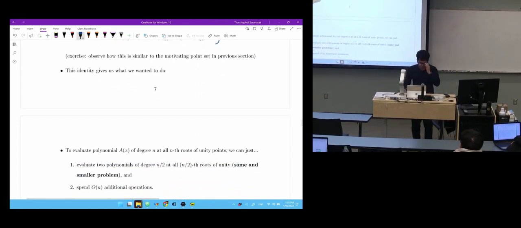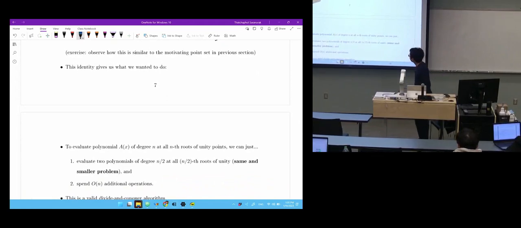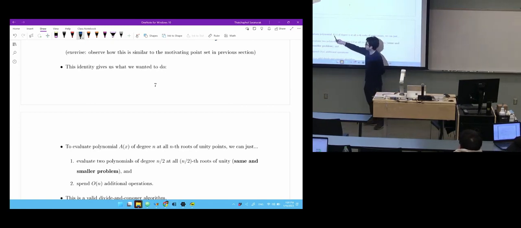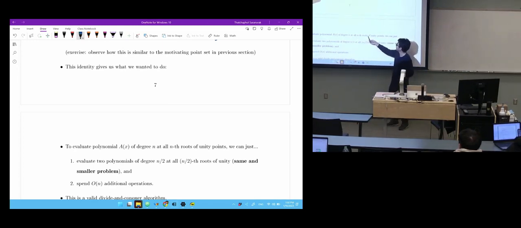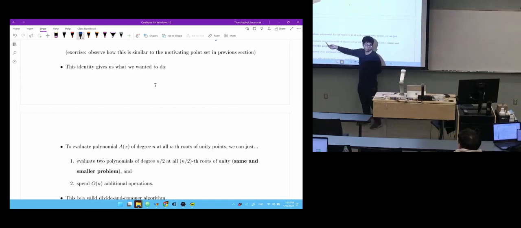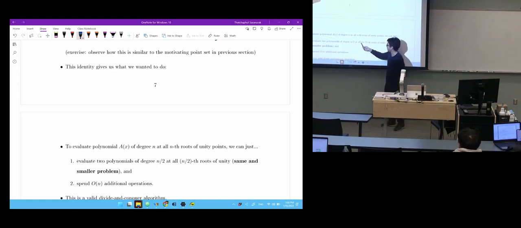So let me summarize what we get from the equation above. To evaluate A, which has degree n, at all nth roots of unity, we just need to look at two polynomials, A even and A odd, which have degree n over 2. And now you evaluate them at all n over 2 roots of unity. So that's really the same problem, and the size of the problem is now half.